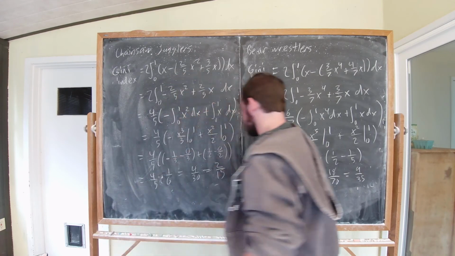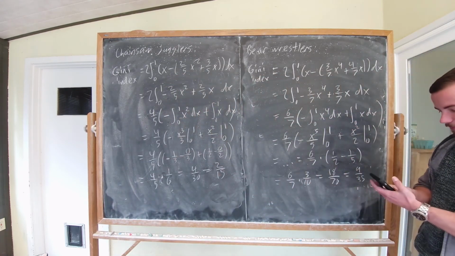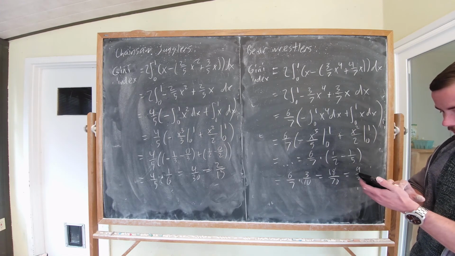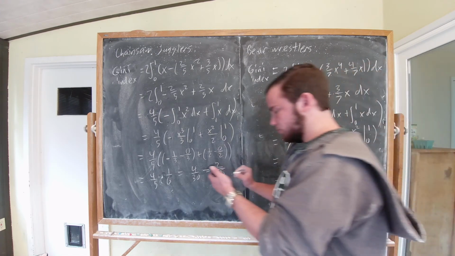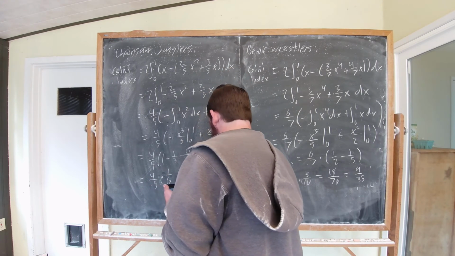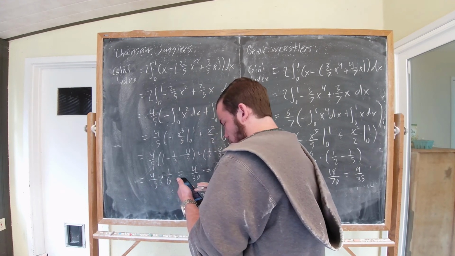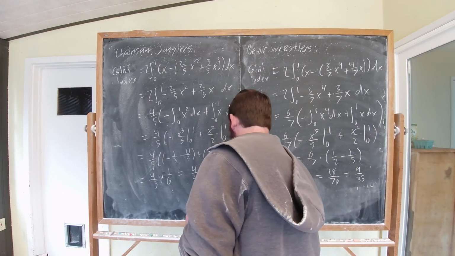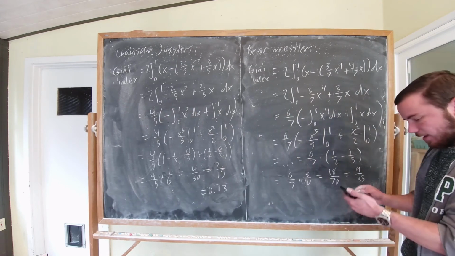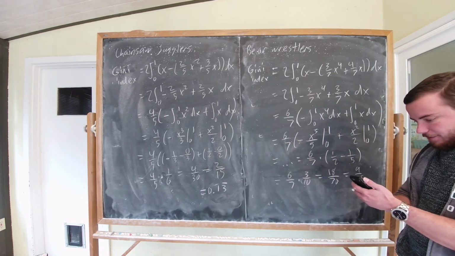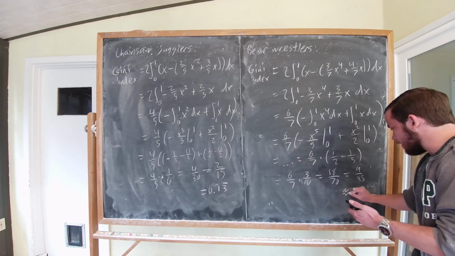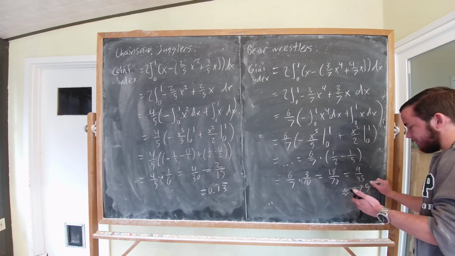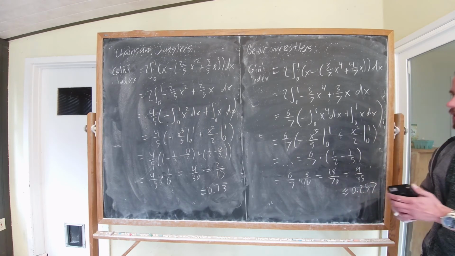And if you punch those two numbers into a calculator, I'll tell you right now that one's bigger, but 2 divided by 15 is roughly 0.13, or in fact it's equal to 0.13 repeating. And 9 divided by 35 is roughly 0.257.